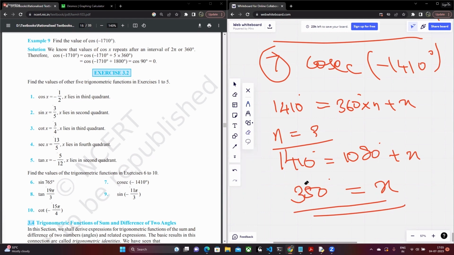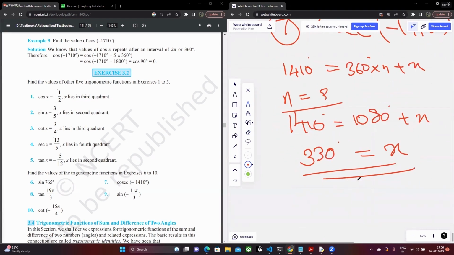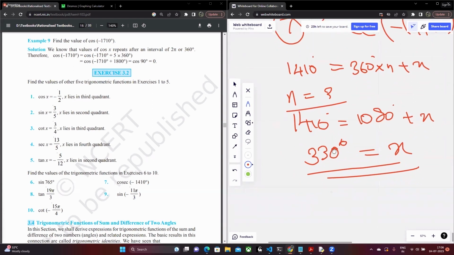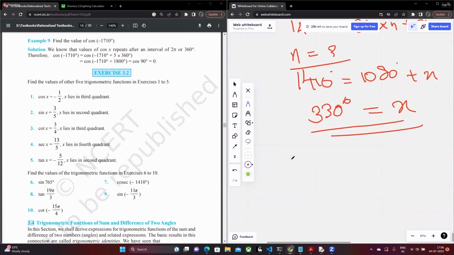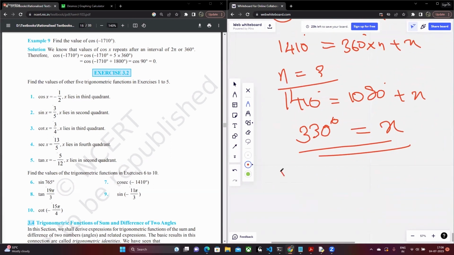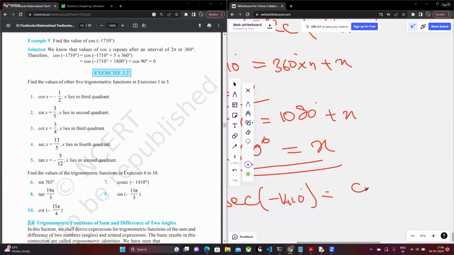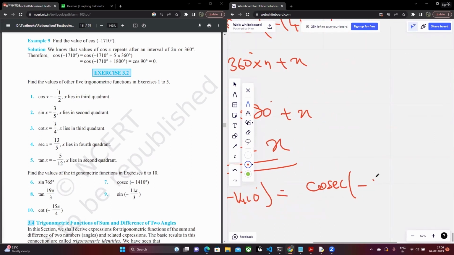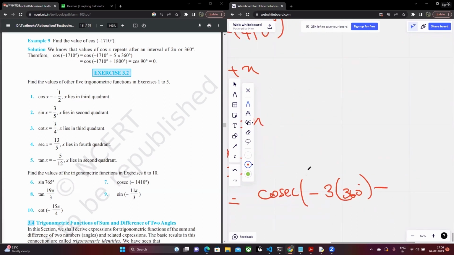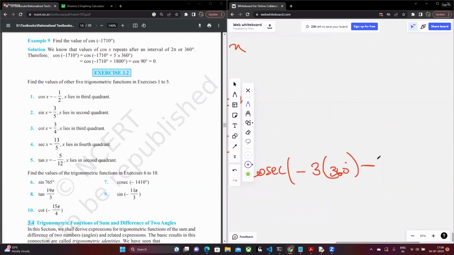Wait, now 350 is 330. 330, I'm sorry. This is 330 degrees. And that's going to be x. So therefore, you have this cosecant of minus 1410 degrees. That is going to be equal to cosecant of minus 3 into 360 degrees minus this 330 degrees, right?